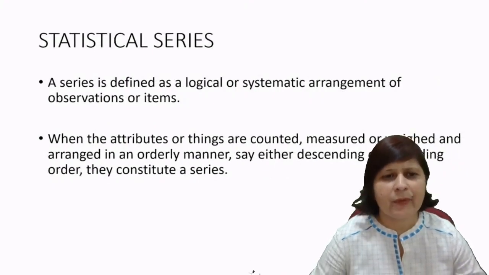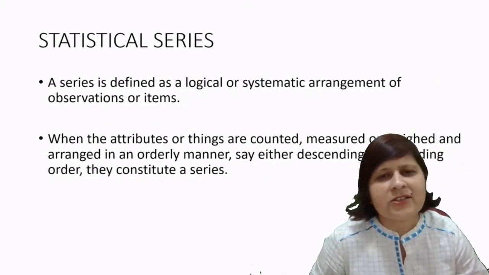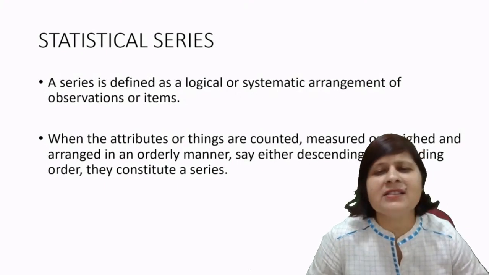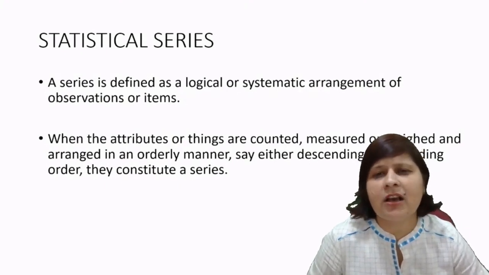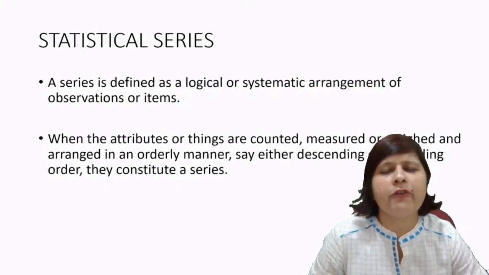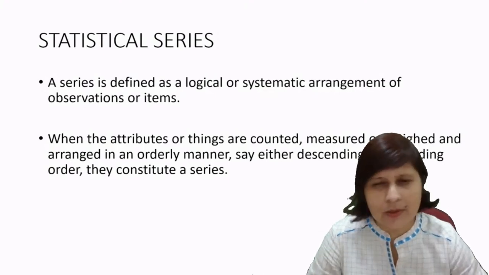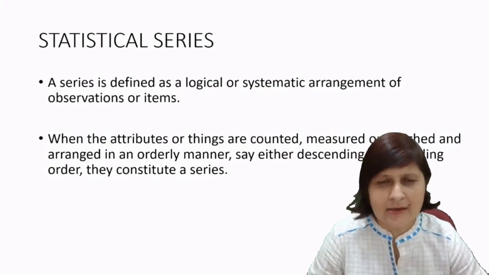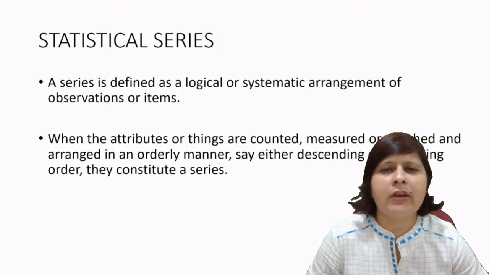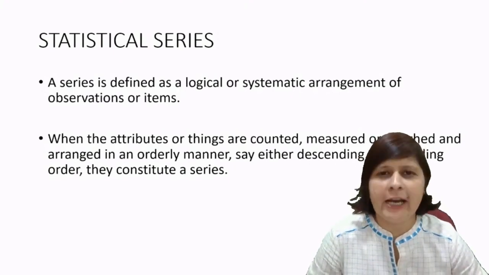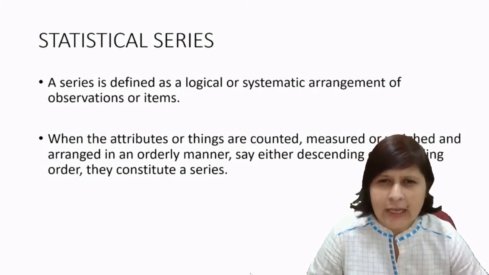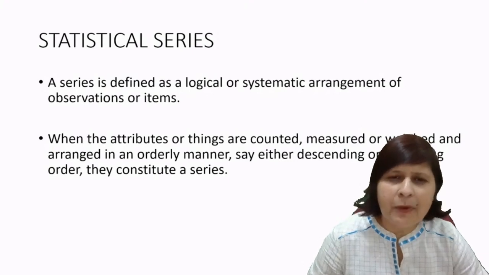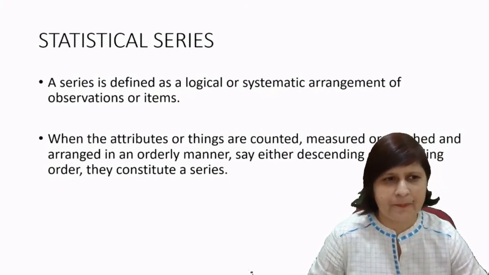Statistical series. What is a statistical series? A series is defined as a logical or systematic arrangement of observations or items. It is very important that you understand all these things, because then only can you arrange or code your data, and once your coding is correct, then only can you apply the test and get the results, right?